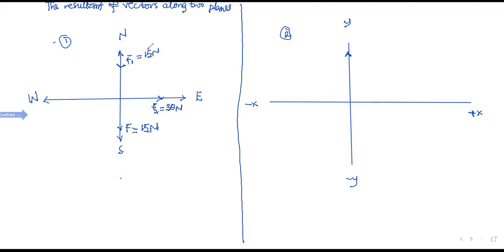Let's use displacement. So the displacement of this body, D1, is 150 centimeter due north, and this is 60 centimeter due east.